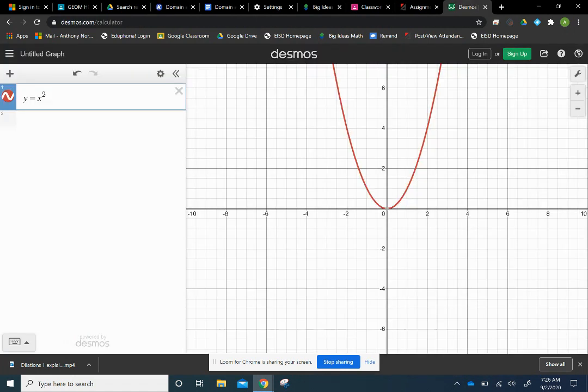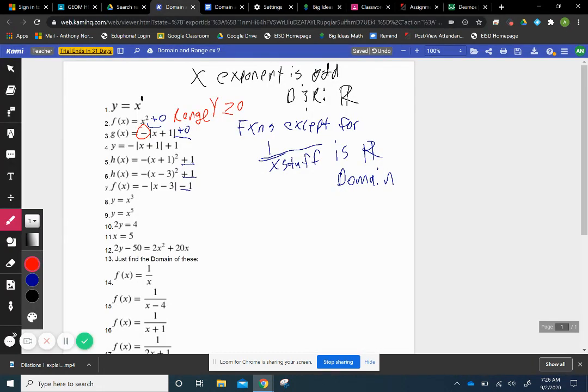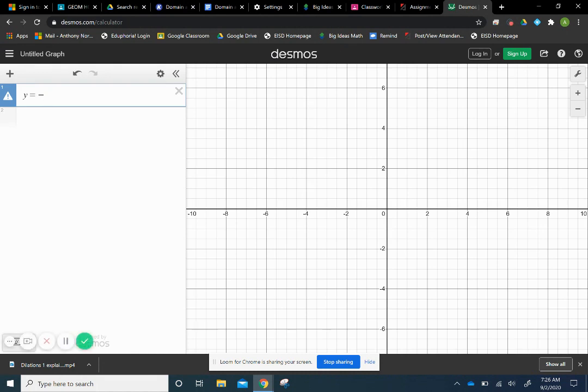So when we put the equation, negative absolute value of x plus 1, the absolute value bar is going to be on top of the backslash. It's a vertical bar. So we see now that has this negative, so it's facing down.